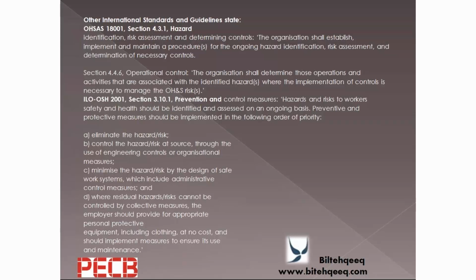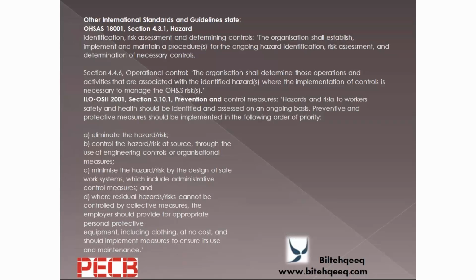So, the organization must eliminate the hazards or risk. If the organization is using any hazardous material, it should eliminate the risk associated with it, and it should also introduce some controls to reduce or minimize the risk associated with such hazardous materials.